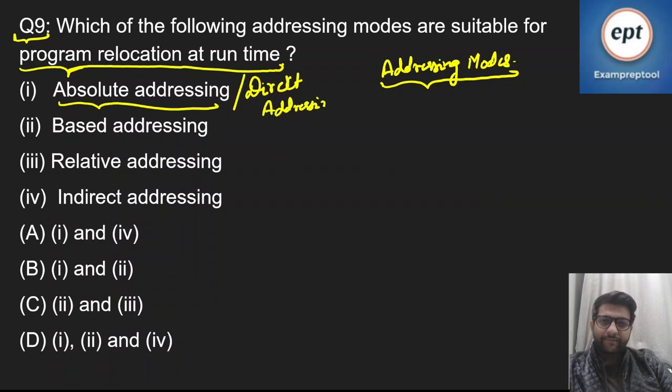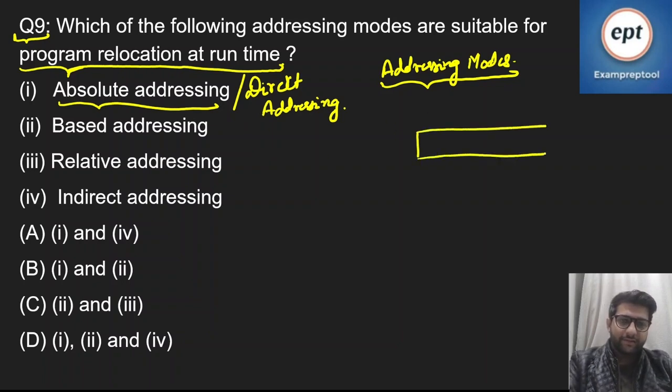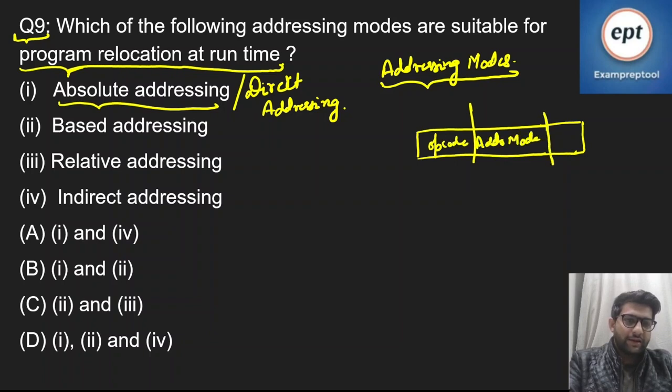In this addressing, if this is our instruction, there will be an opcode, the code for the addressing mode, and the memory location where the operand is stored, right?